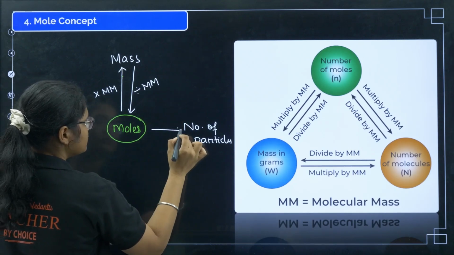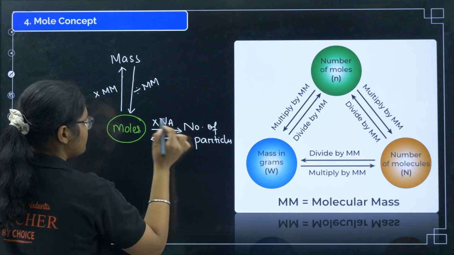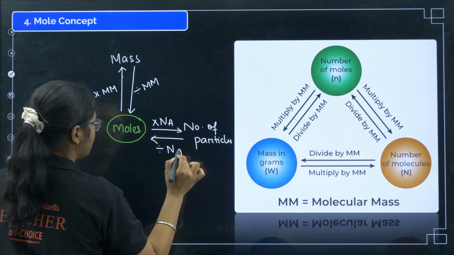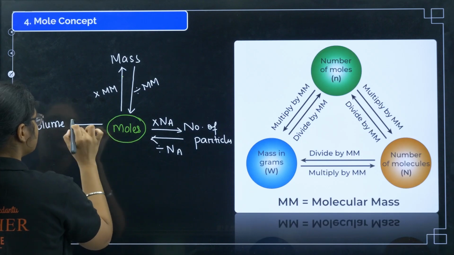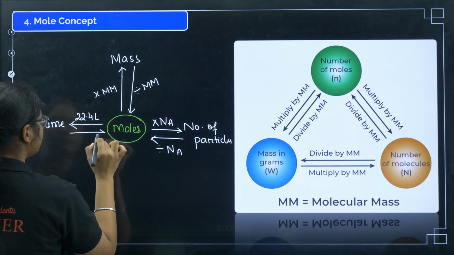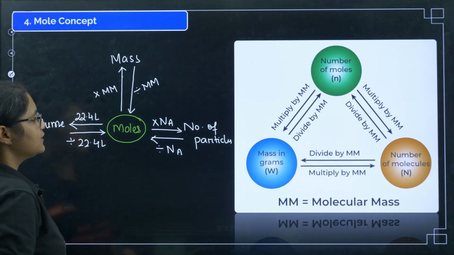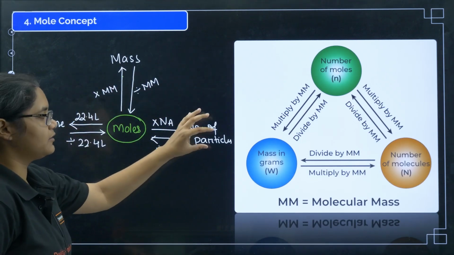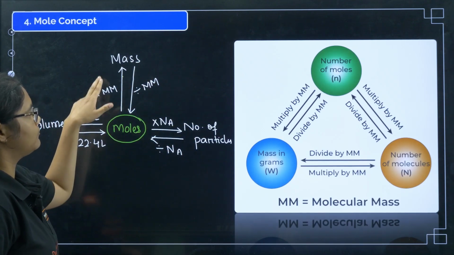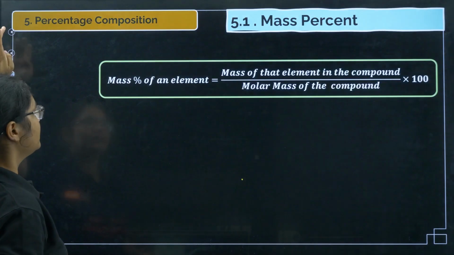Moles to number of particles, multiply by Avogadro number; particles to moles, divide by Avogadro number. Moles to volume, multiply by 22.4 liter, and volume to moles, divide by 22.4 liter. So you can do these conversions. Suppose number of particles is given and you want to find mass, first convert it into moles, then multiply by molar mass to get your mass. So this type of conversion you can easily do.